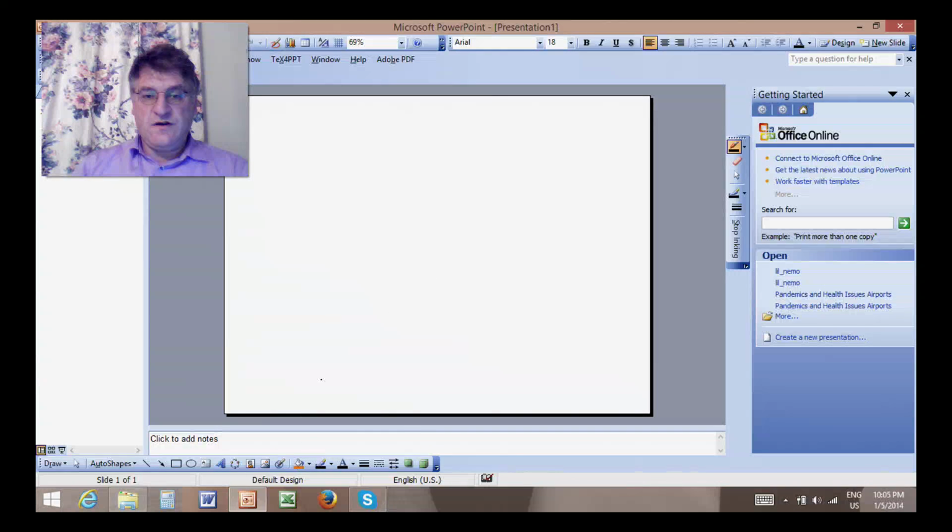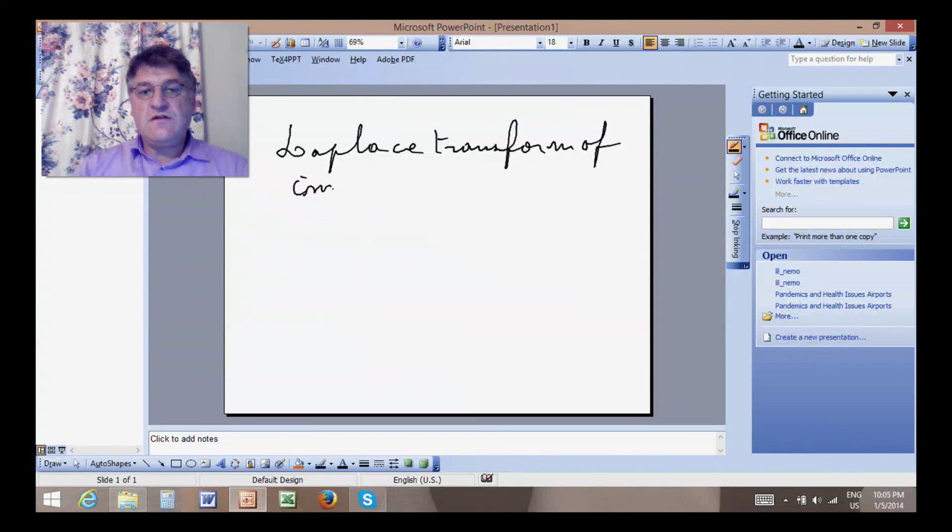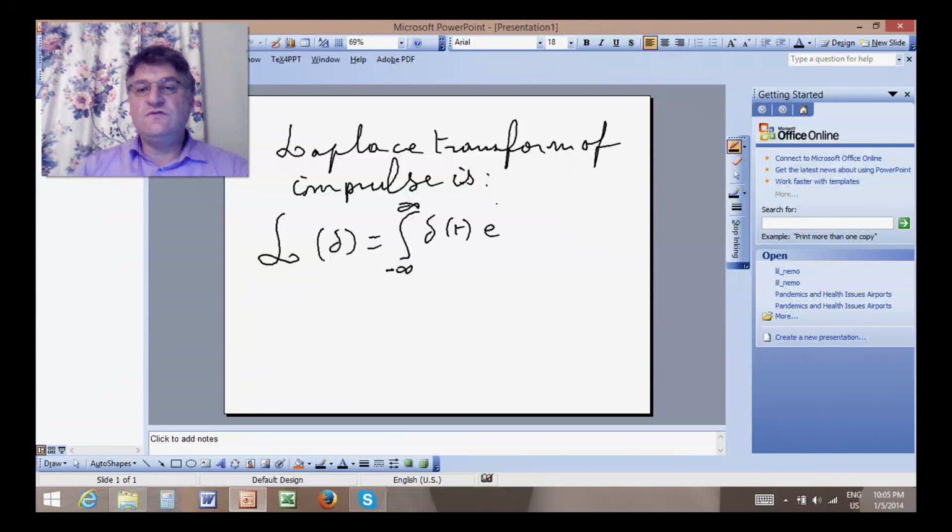So, the Laplace transform of delta is equal to the integral from minus infinity to infinity of delta of t e to the minus st dt, which is e to the minus s times 0, which is 1.